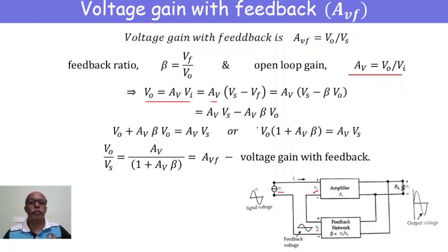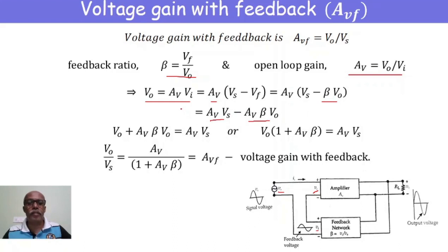Therefore it is AV into Vs minus Vf, and Vf is nothing but beta into V naught from this expression. So this is equal to AV into Vs minus AV into beta V naught.